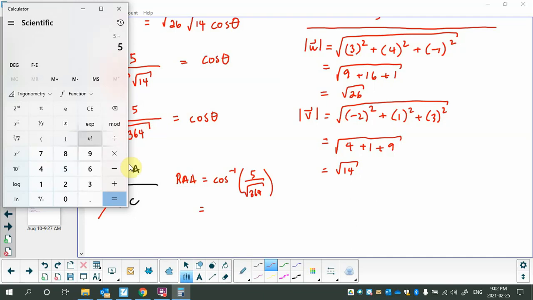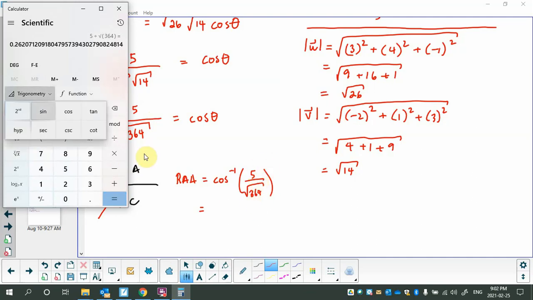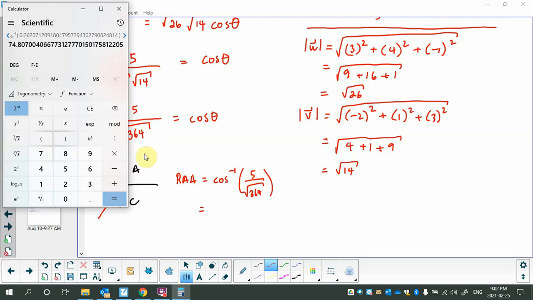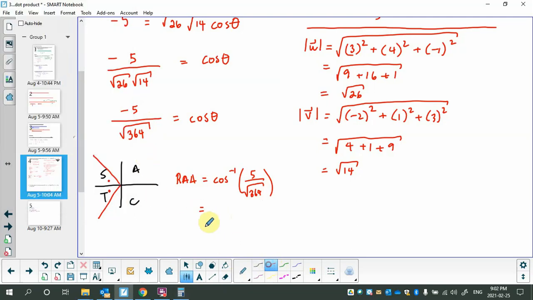So 5 divided by 364 square rooted equals, so that's the decimal. And then I have to do second function cos, and I get 74.8 degrees. And that is this space and this space.